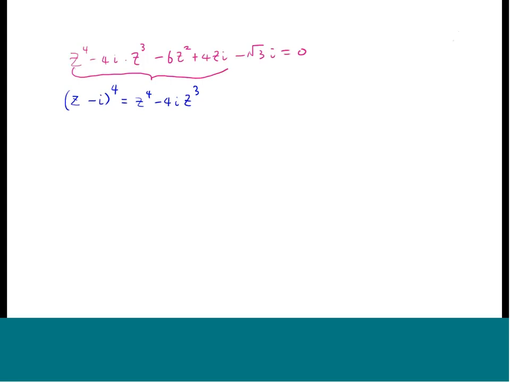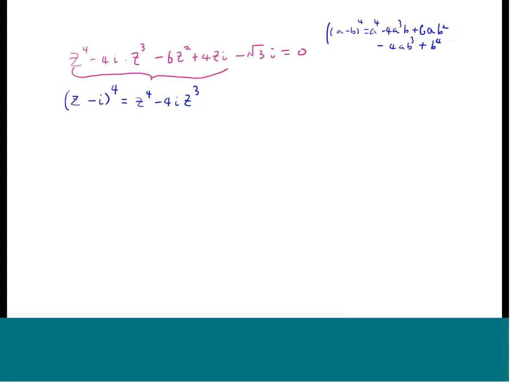Let me write it here. (a minus b) to the 4 is a to the 4 minus 4 a cubed b plus 6 a squared b squared minus 4 a b cubed plus b to the 4, right? You know this formula. Okay, that's good.